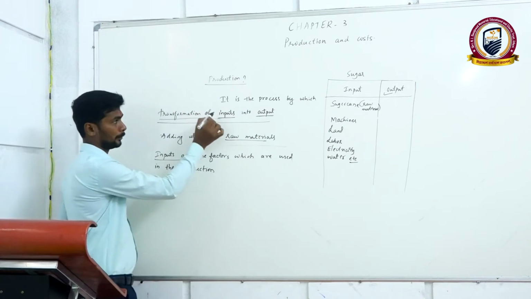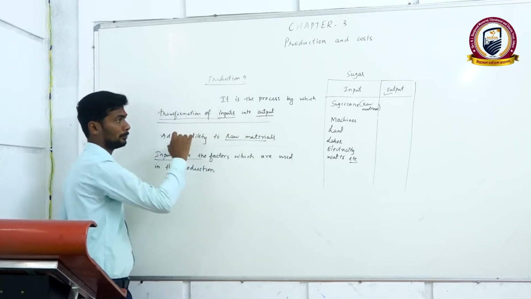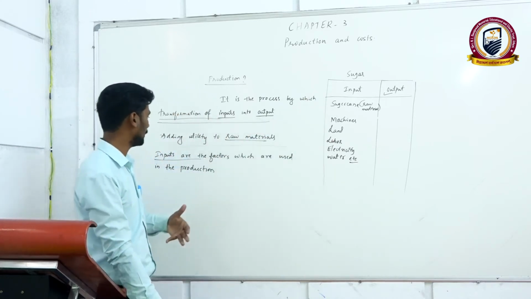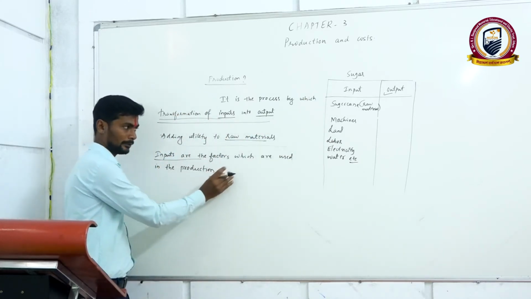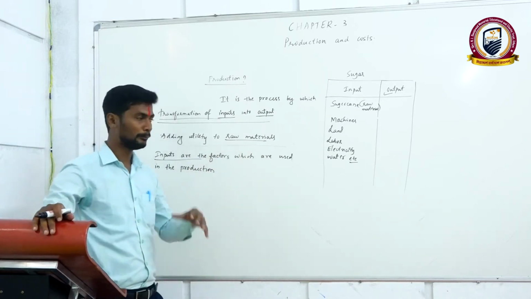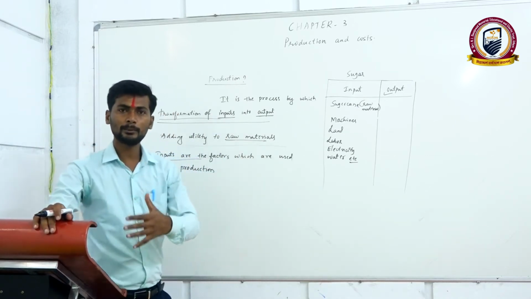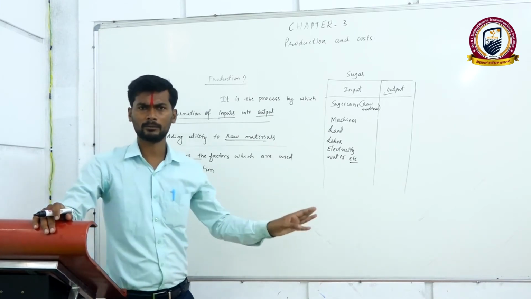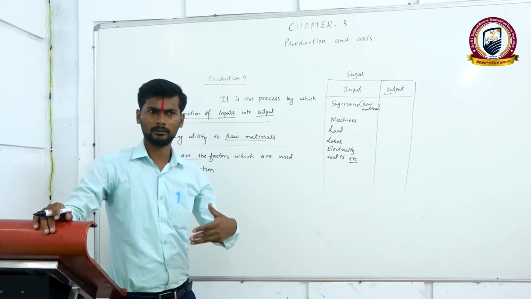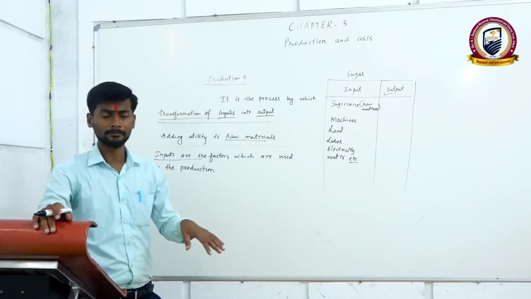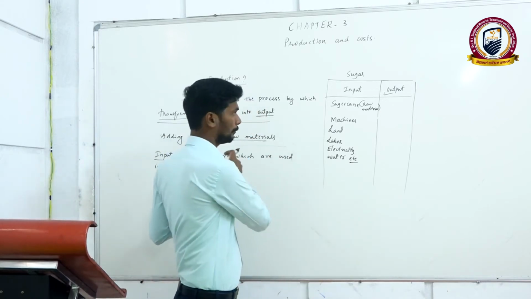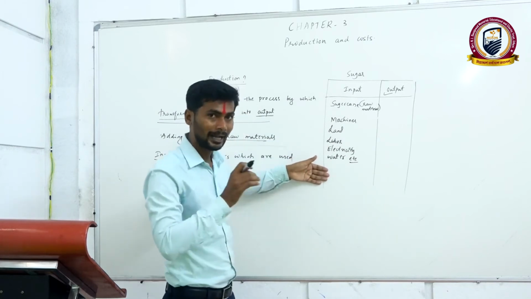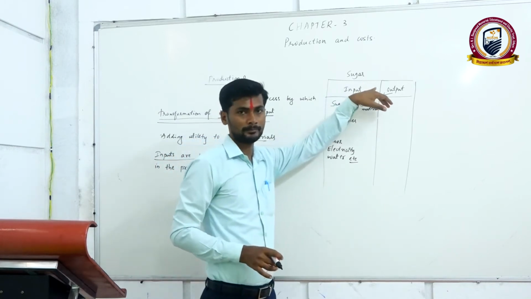So here I will recall once again. What is production? It is the process of transforming inputs into output. These are the inputs. What is the meaning of input? Inputs are the factors which are used in the production. Without these inputs, production is impossible. You can take production of any good. Without inputs, preparing output is impossible. So here, inputs are the factors I will use in the production of sugar.